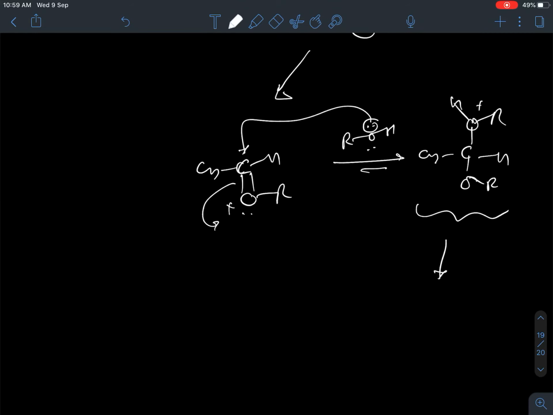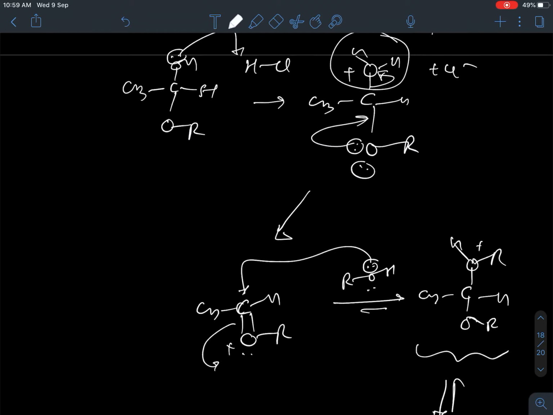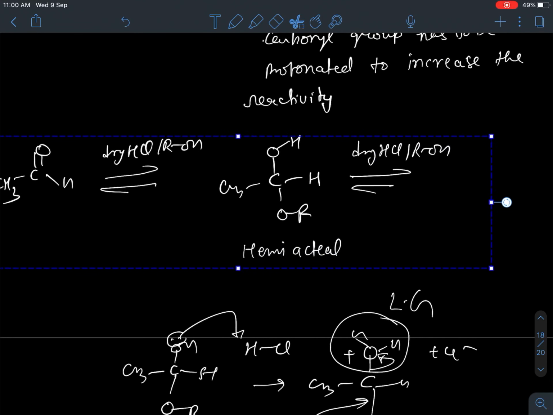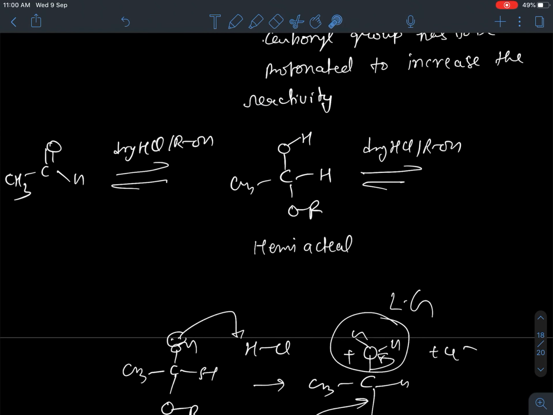Now after deprotonation, this is known as acetal, meaning 2 OR groups on the same carbon. So the very first step is simple carbonyl addition, the other one is through the formation of carbocation. So we are going to get O and OR. My dear, please identify this is acetal.